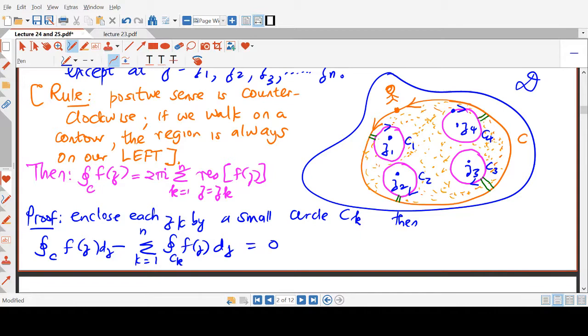Why is it 0? Because this guy is going one direction, those guys are going opposite. If they were all going in the same direction, then you have a plus here, and the answer should still be 0, because that's the Cauchy-Goursat theorem.